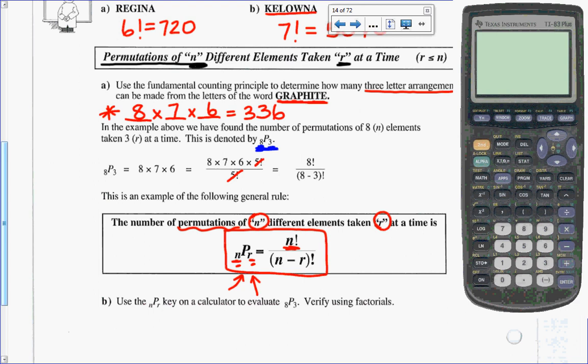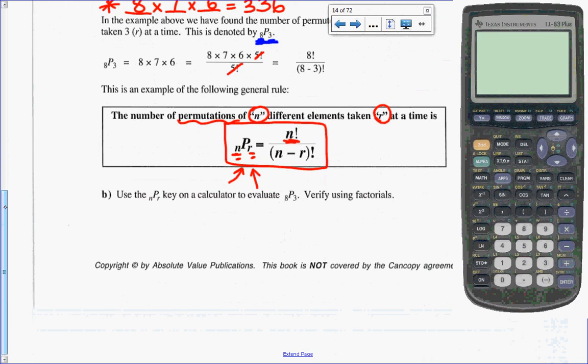Now there is a button on your calculator that will do this. So once again, when you go in to your math, go across to probability, and you'll see down here, number 2 is nPr. That's the button we're going to use. But first, we have to go back out, because if we were trying to evaluate 8P3, we have to put the 8 in first.